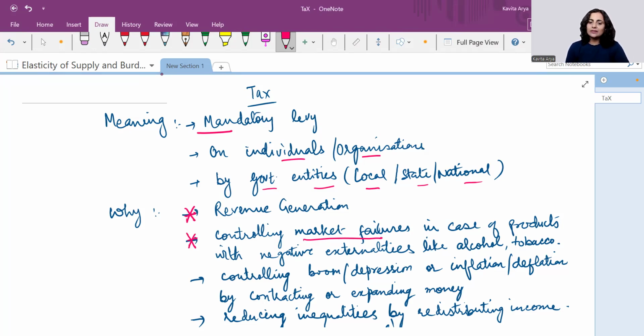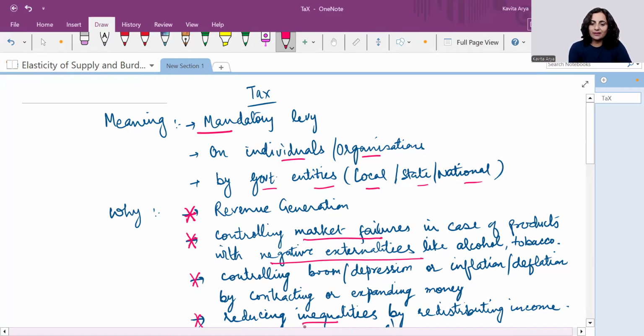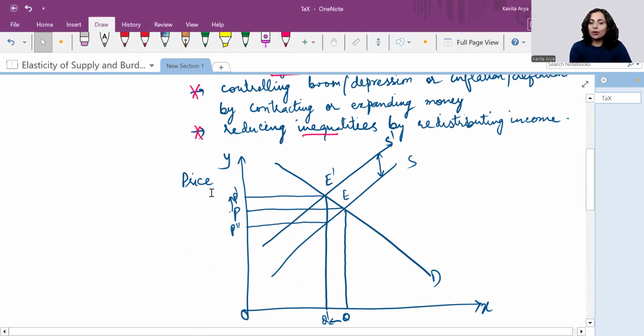So government tries to put some taxes so that the quantity produced and consumed is lowered by that action, right? So it tries to control those negative externalities by imposing certain taxes. And then it also controls the boom and depression situations and inflationary and deflationary situations and reduces the inequalities by redistributing the income. So let's understand how it looks on the diagram.